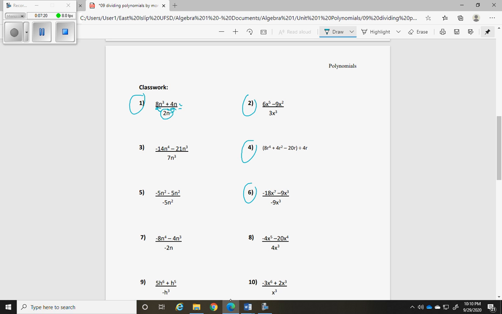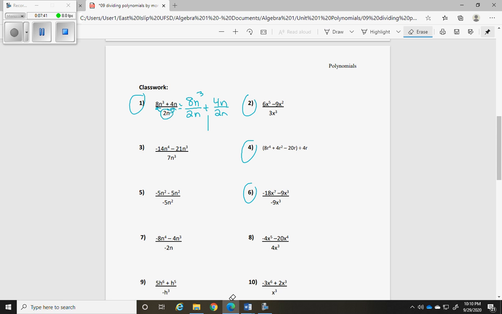So if I rewrite it, I write it as 8n to the third divided by 2n plus 4n divided by 2n. I rewrote it as the sum, that's what the plus sign is all about, of monomial division.